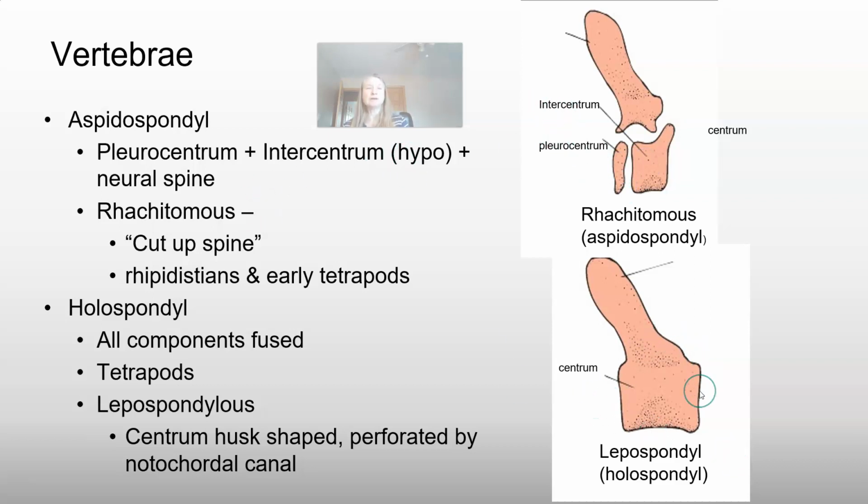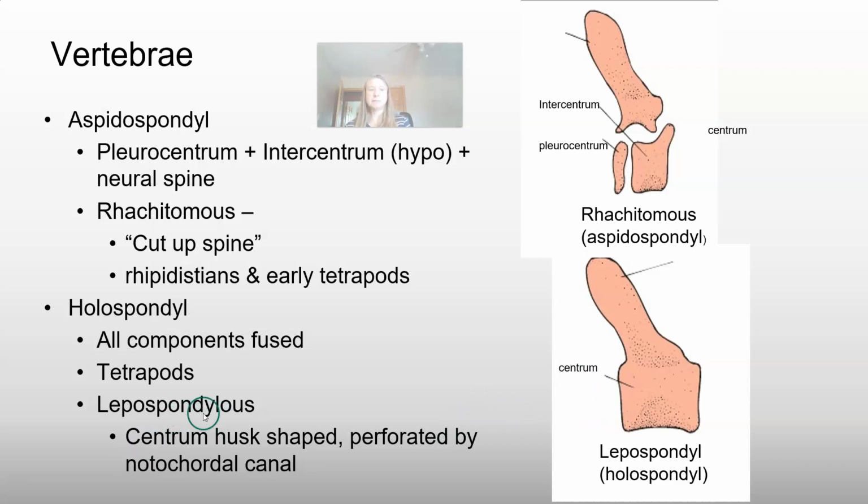Or a holospondyle would be where all of the components of the spine are fused. And this is what we see in tetrapods. Okay, so early tetrapods have this cut up spine, or they're not all fused, but later tetrapods have this fused centrum.